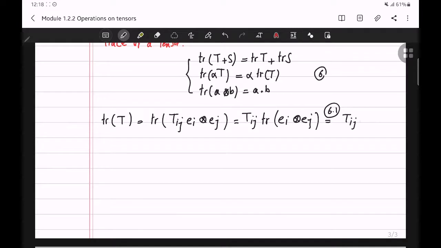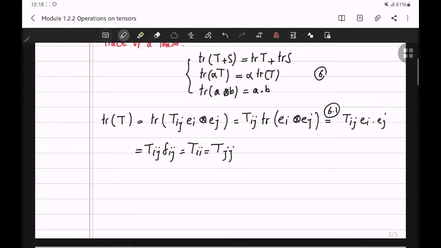So this is Tij Ei dot Ej, and this Ei dot Ej is nothing but delta ij, and for this to be meaningful, we say i is equal to j, so this is Tii, or for example, this is equal to Tjj.